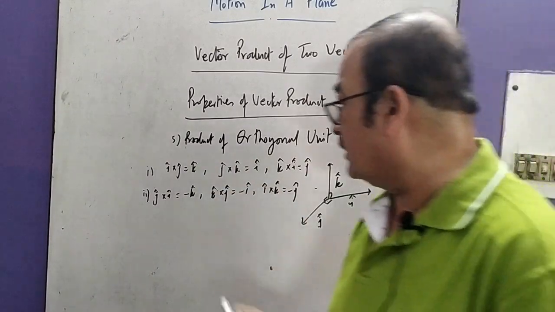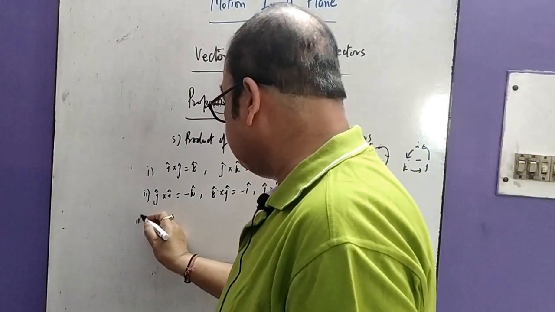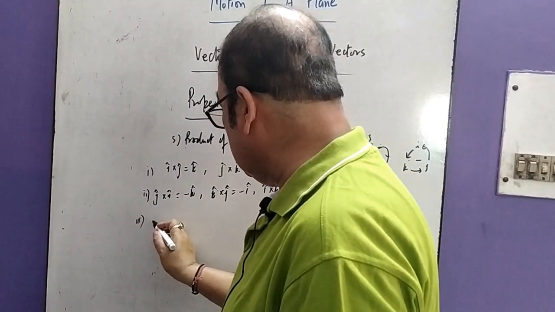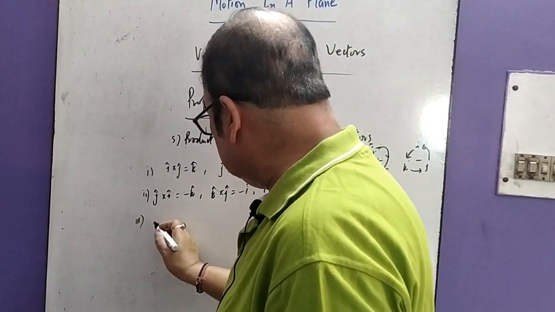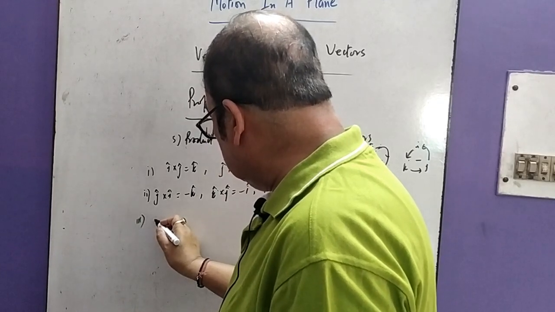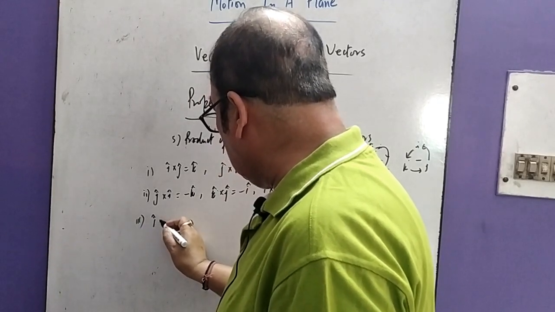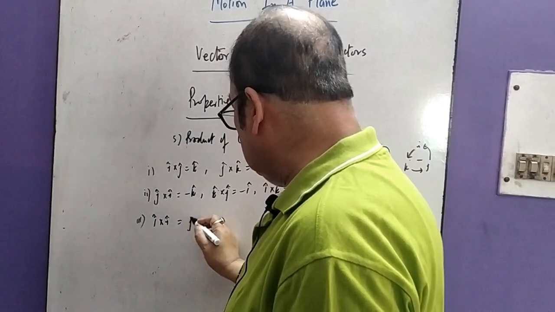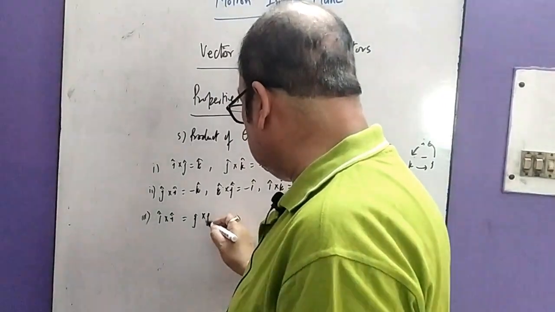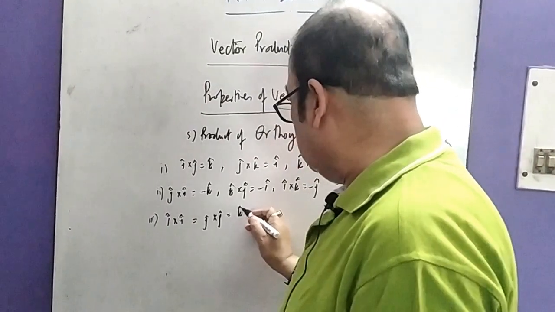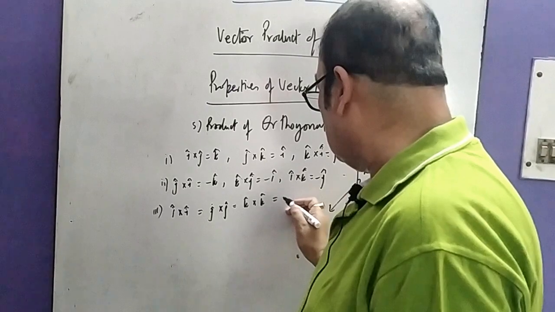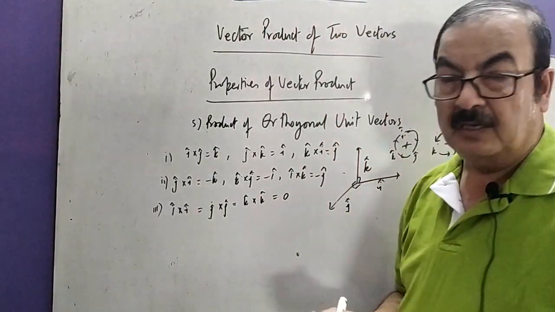Okay. What is the third rule in this part? Third rule is very simple. Third rule is I cross I, J cross J, K cross K is always 0.